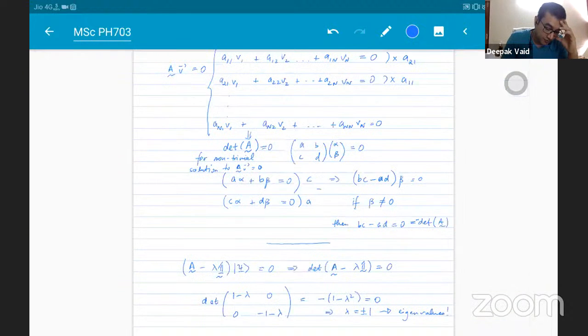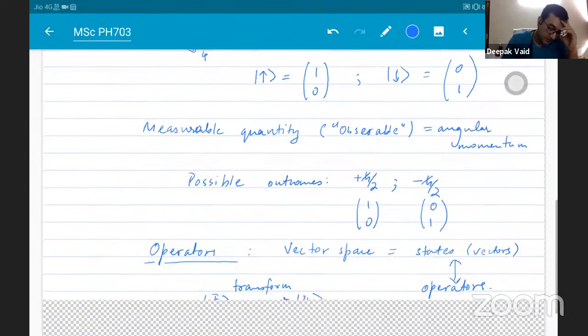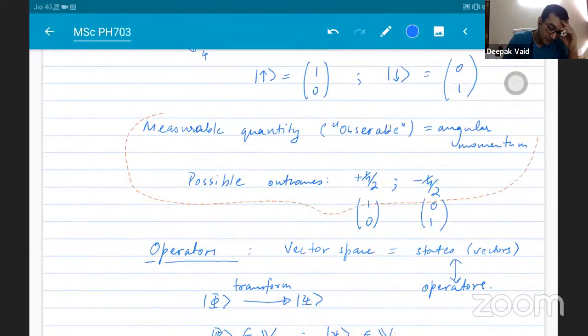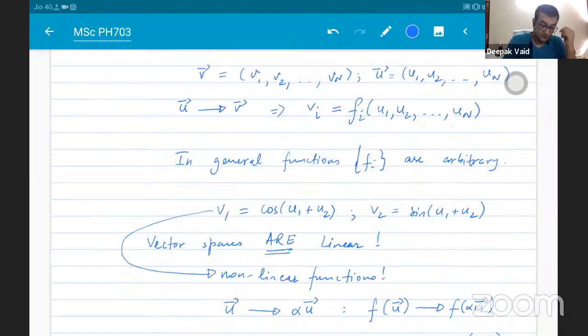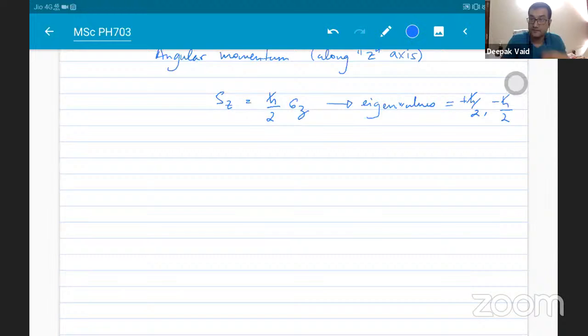All right. Now we can talk about what is the meaning of this measurement process. How are we performing a measurement? When we say we are performing a measurement, we have some operator, and that operator has some eigenstates.